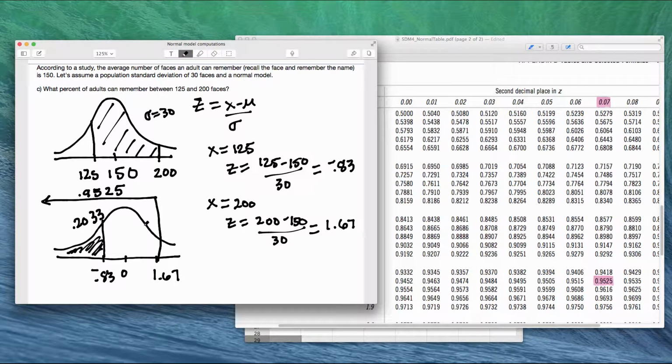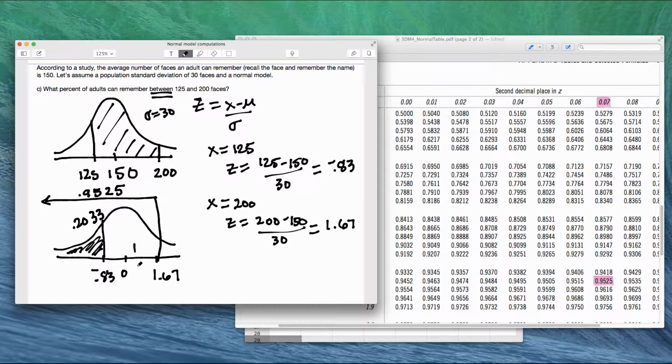When you find a between type problem, between two numbers, you find an area in the tail, you find an area covering way more stuff, and when you find the difference between those two numbers, you're left with this white space in the middle. So you're taking 95% and removing the 20% that you don't need. You're removing this right tail area.